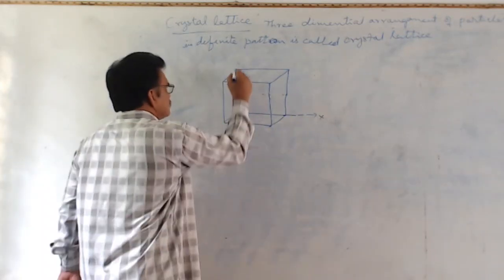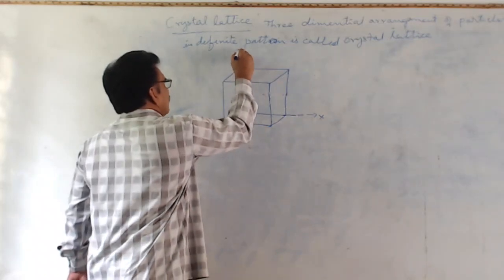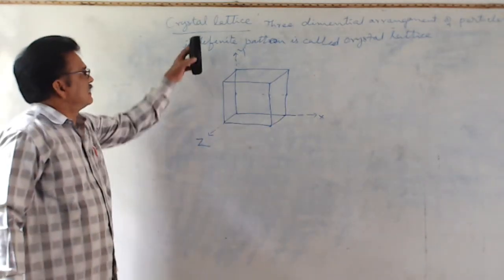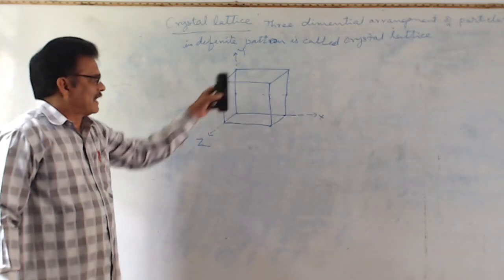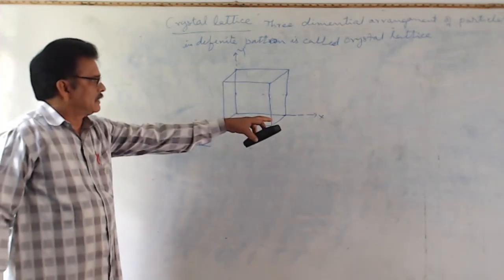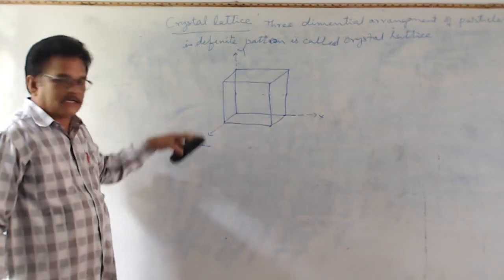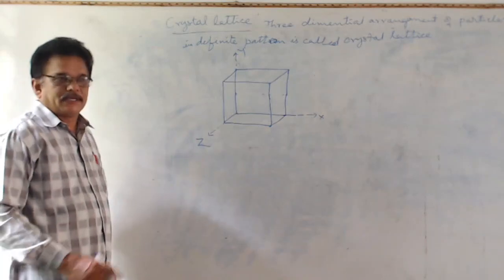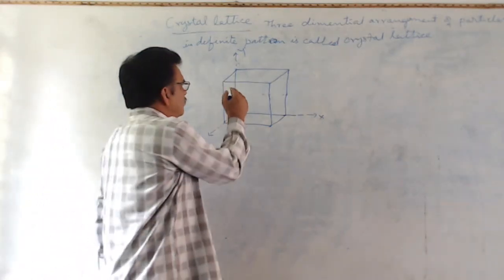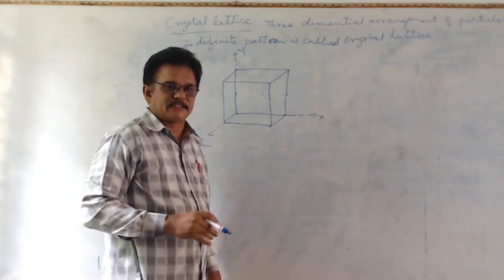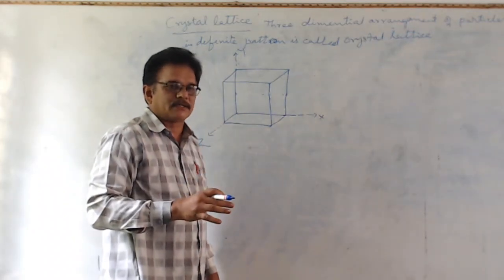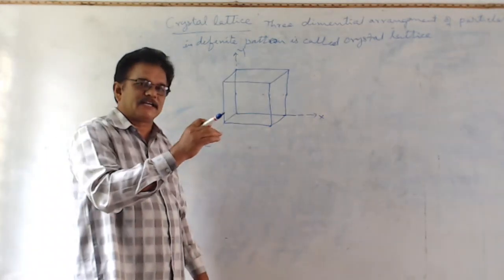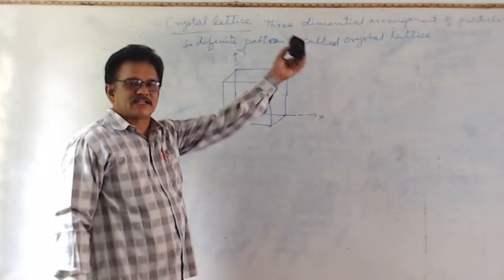Say this is the x-axis, this is the y-axis, and this is the z-axis. So this crystal lattice can be resolved into three axes in three-dimensional mode as x-axis, y-axis, and z-axis. How is it formed? It is formed by joining the lattice points. What are lattice points? These are nothing but the centers of the particles. If we join the centers of the particles with straight lines, we will get a crystal lattice.